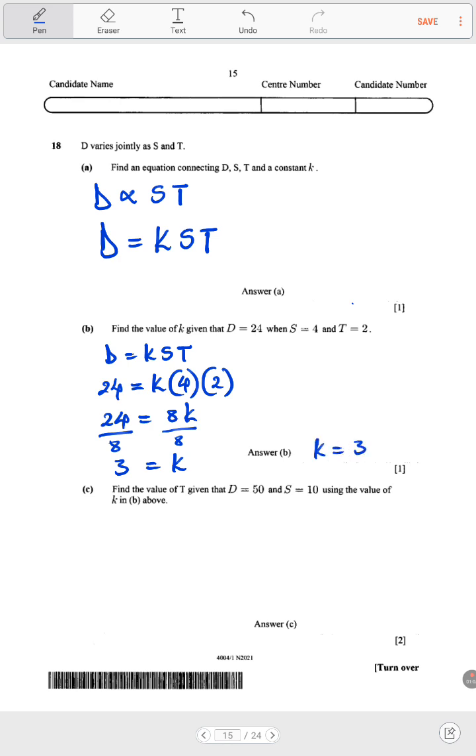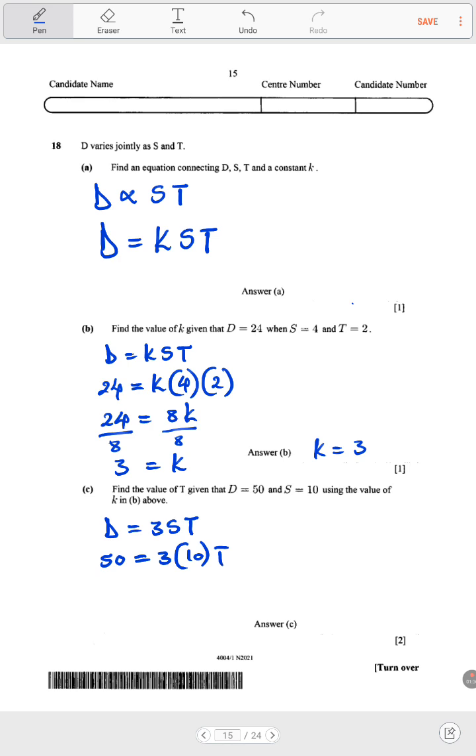Part C says find the value of T given that D is equal to 50 and S is equal to 10 using the value of K in B above. So the equation now will look like this. D is equal to 3ST because we're going to substitute K since we have the value of K now. So now D is equal to 50 and S is equal to 10.